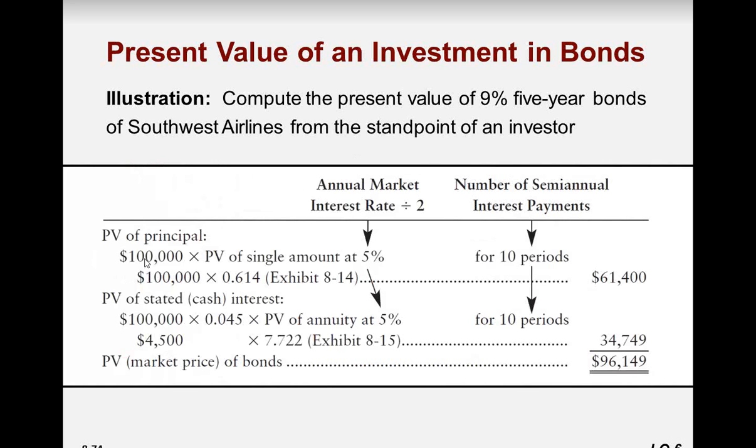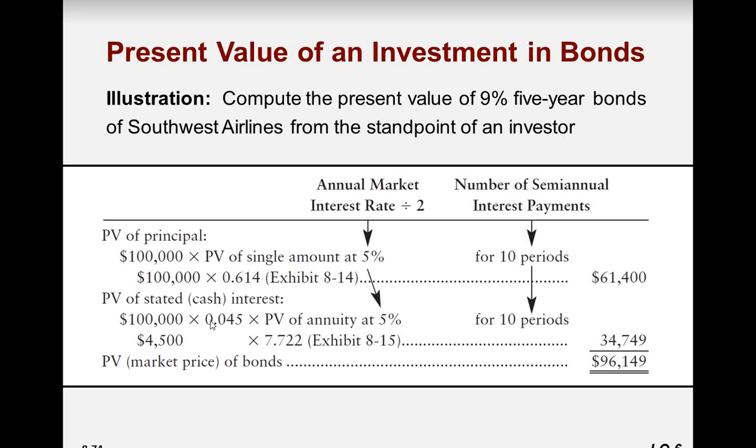We have to compute the present value of the principal, $100,000, times its 5% for 10 periods. You looked that up in your lump sum factor and you found that to be 0.614, and you multiply it and get 61,400. Then we need to compute what is our actual cash interest payment.